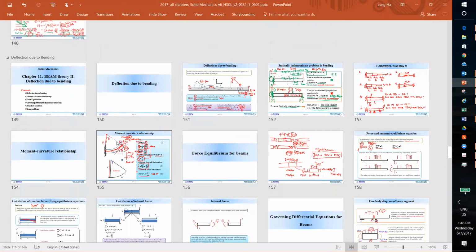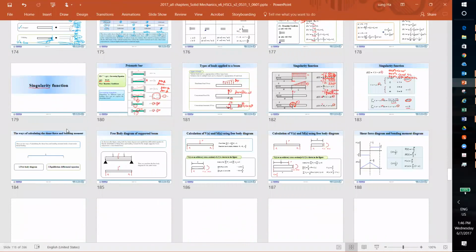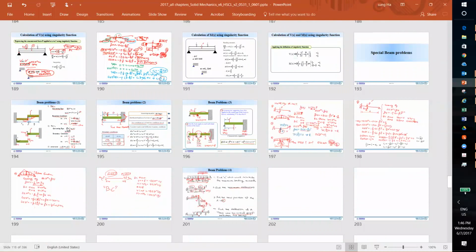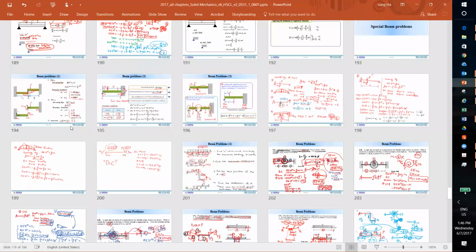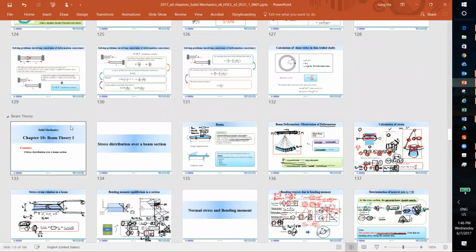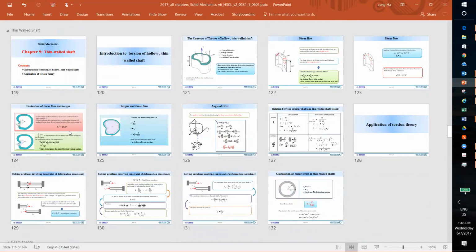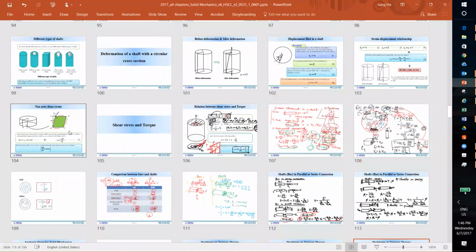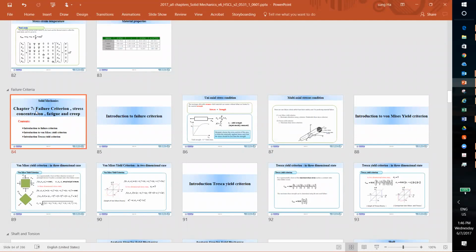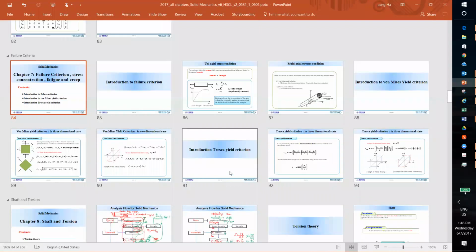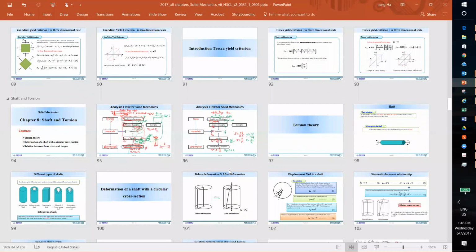In terms of chapters, chapter 11, chapter 10, chapter 8 and chapter 7 are the main focus for the final exam.